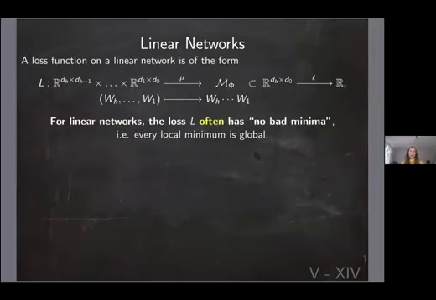So now I want to spend most of my remaining time discussing this bold sentence. You often hear, I think, in many talks and conferences that linear networks are easy and well understood and we don't really have to do this possibly anymore. And they often have no bad minima, like every local minimum is global.